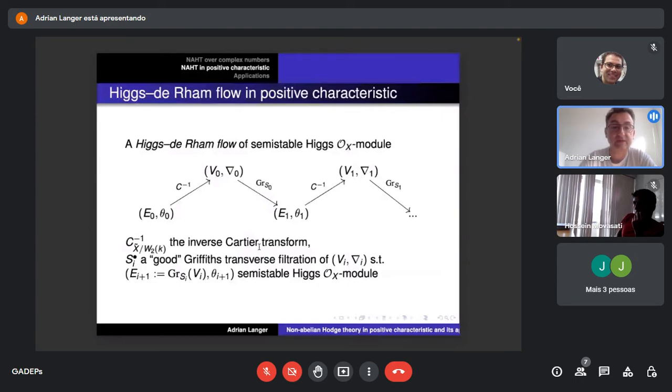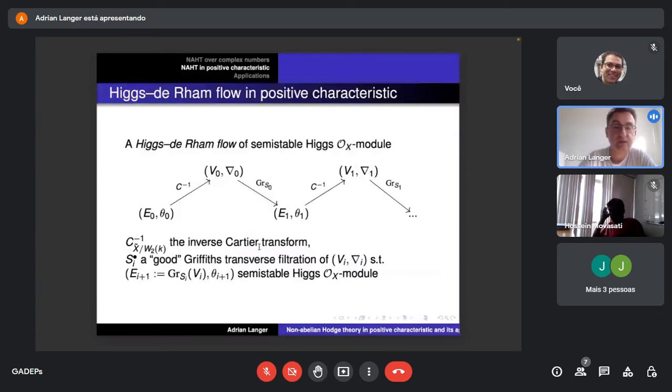So if we have now a smooth projective variety in positive characteristic, then we can talk about semi-stable Higgs modules. So say that (E_0, theta_0) is a semi-stable Higgs module on our variety X, and then one can define the so-called Higgs-de Rham flow in the following way.